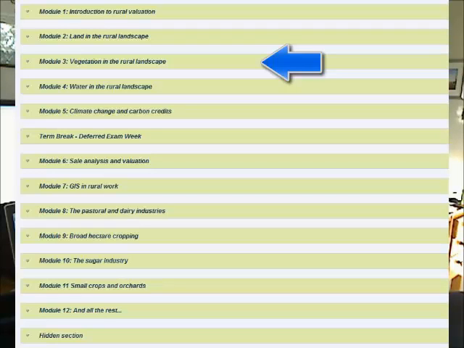Module 5 has taken us through a close inspection of the science of climate change and the whole matter of carbon property, carbon credits, and the impact that this is likely to have or could have on rural industries.